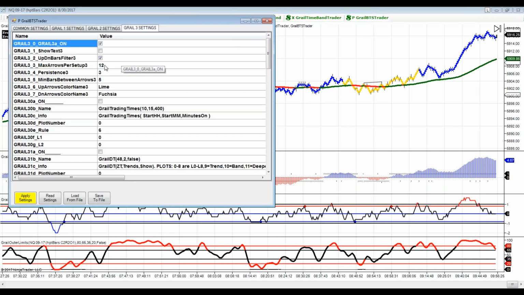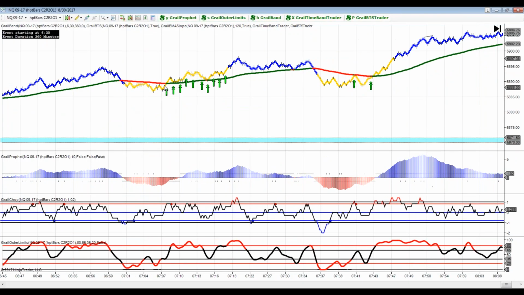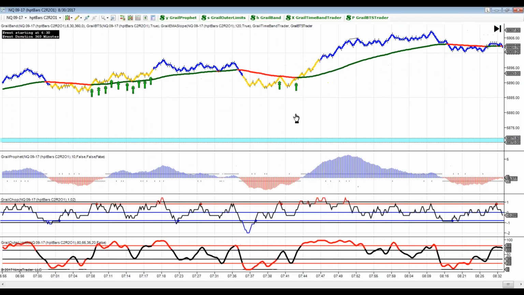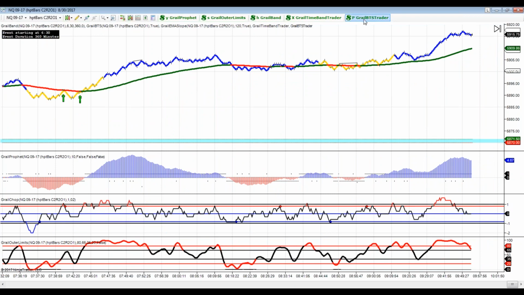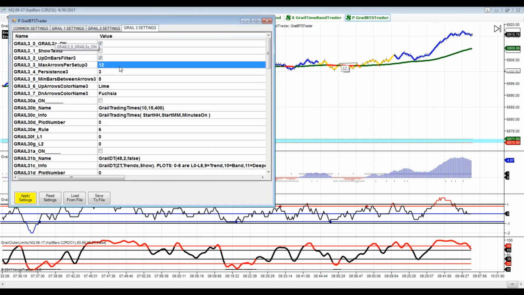We had 12 arrows set here. I pretty much guarantee if I go back here and get a count, 1, 2, 3, 4, 5, 6, 7, 8, 9, 10, 11, 12, that was it. That's why. If I change this to 20, we'll probably get some more.